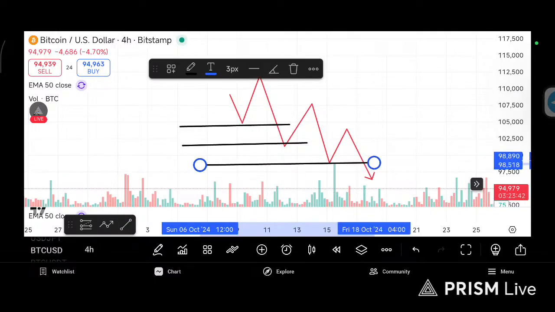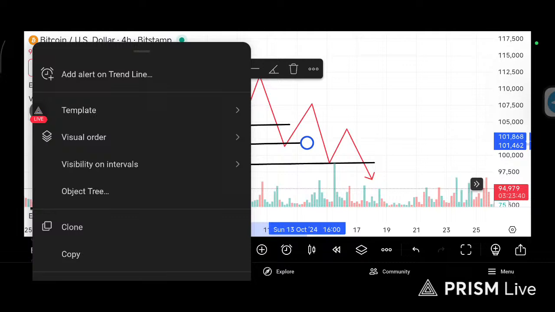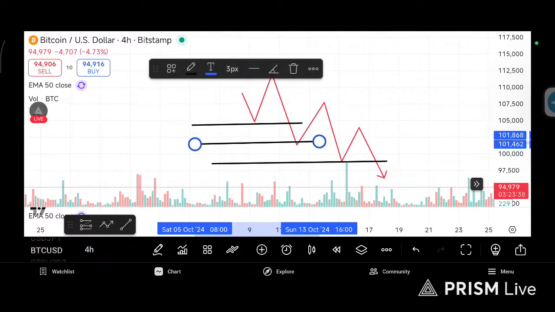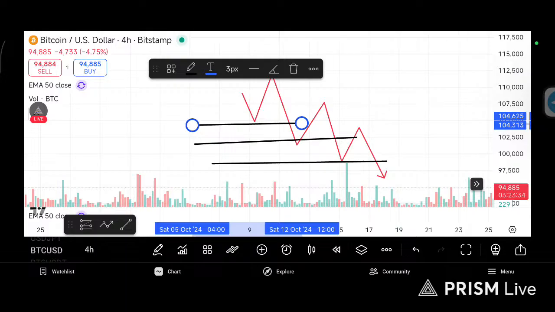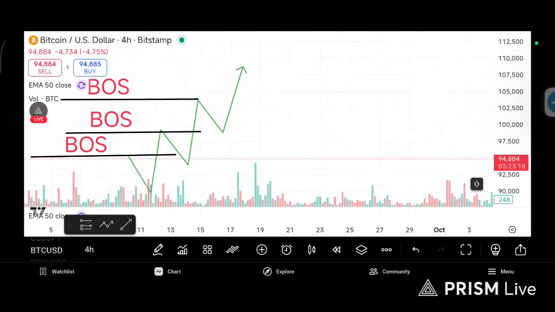In the case of a lower low, when the previous lower low is being broken, right? That is what we call a break of structure.